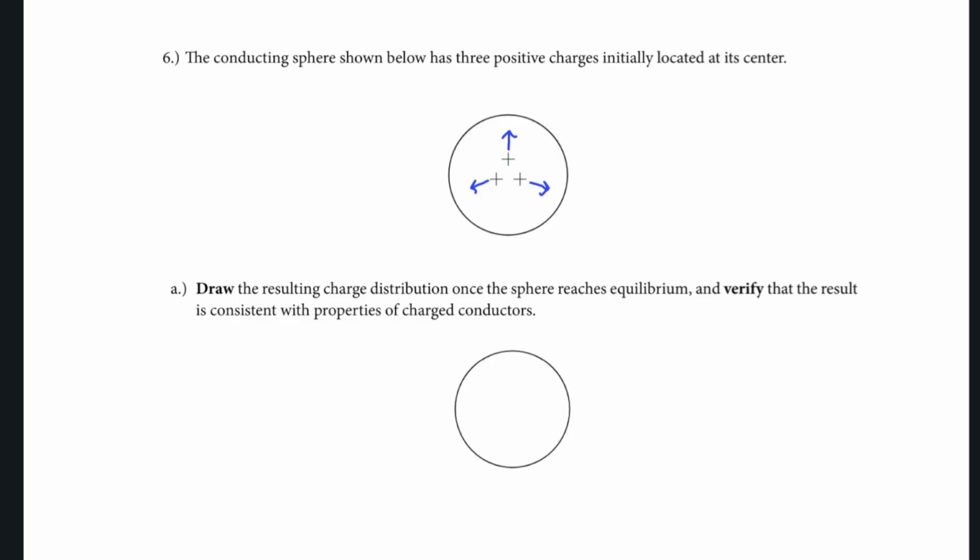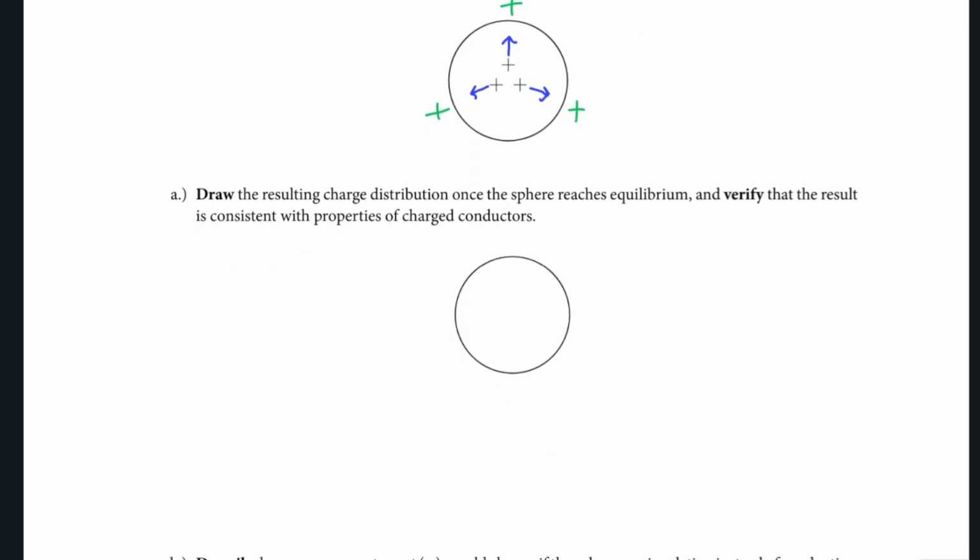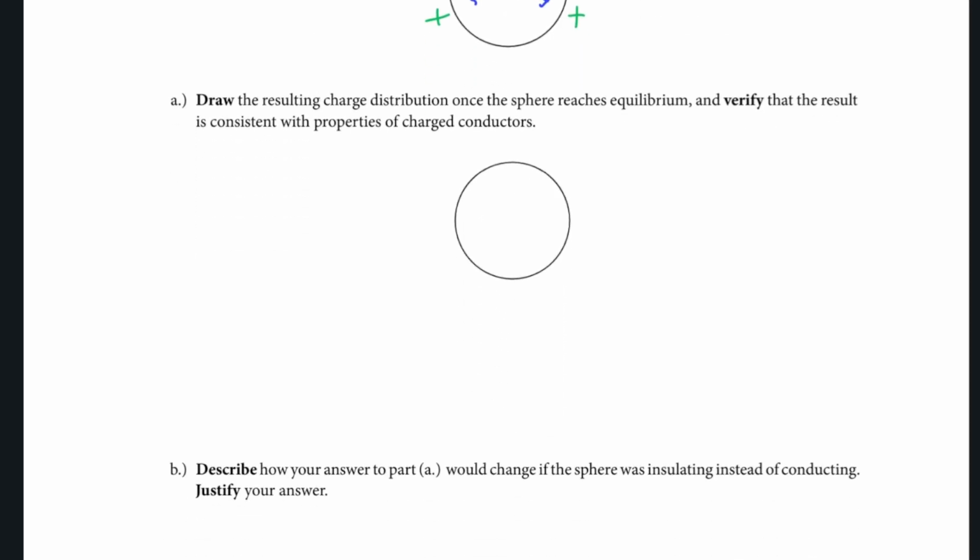So all these positive charges would get pushed that way, and they can actually move that way because it's a conductor. So this positive charge ends up here on the surface, this positive charge ends up here on the surface, and this positive charge ends up here. So we can see that, as expected, our positive charges will end up on the surface.